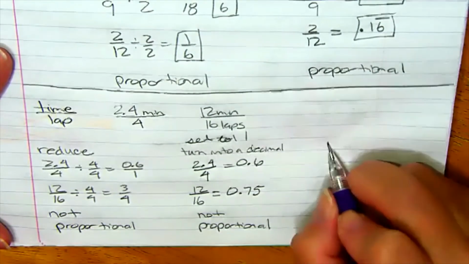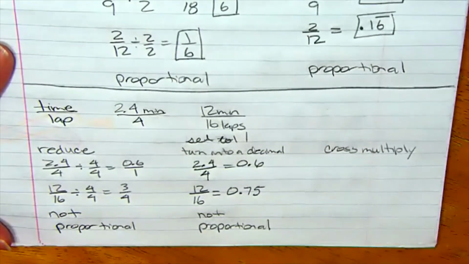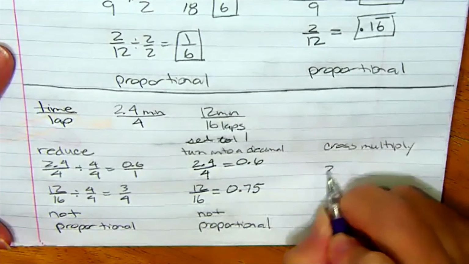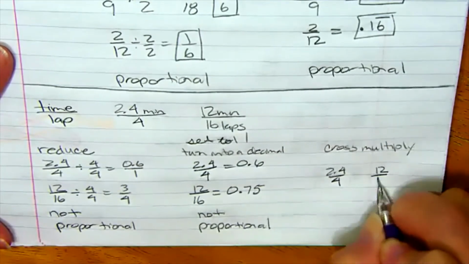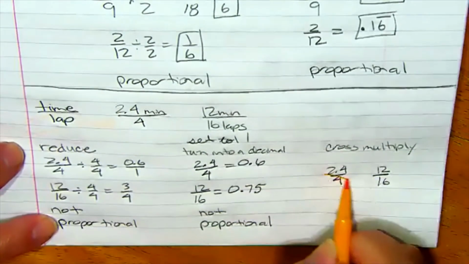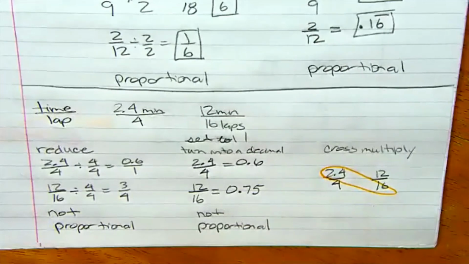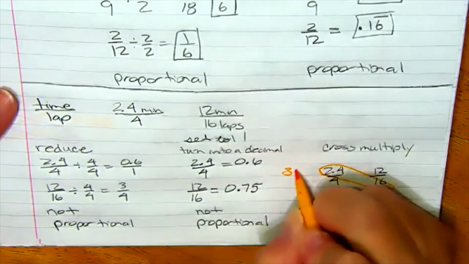And we have our handy dandy cross multiply method. 2.4 over 4. Is that equal to 12/16? I don't know. Let's cross multiply. 2.4 times 16. Can you use a calculator for this?